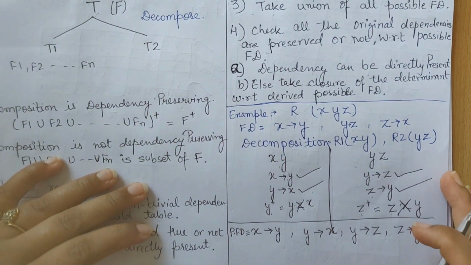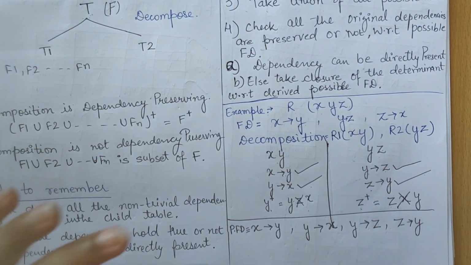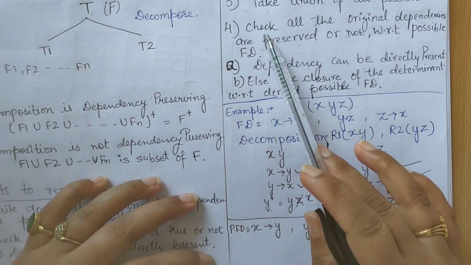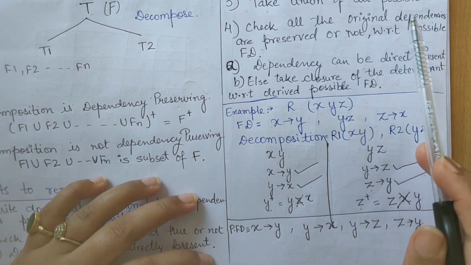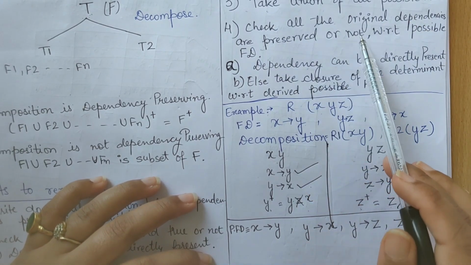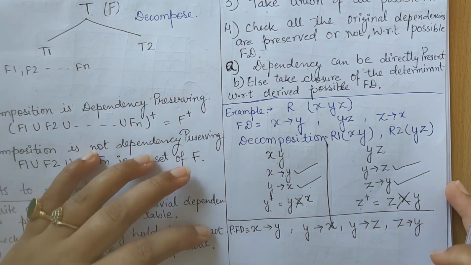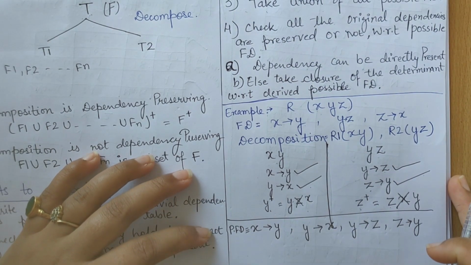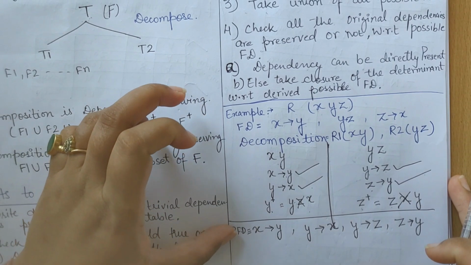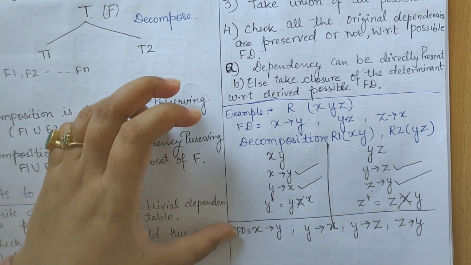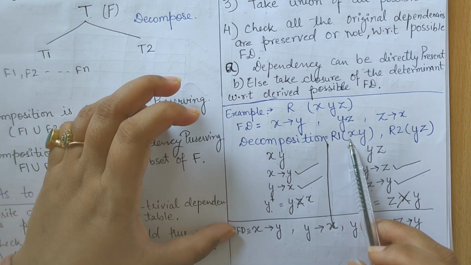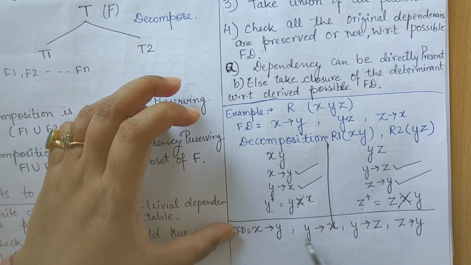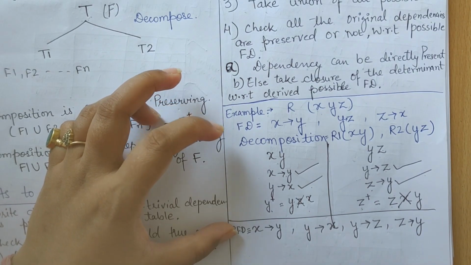Okay. Now, what is the fourth step? Fourth step, check whether all the original dependencies are preserved or not. How to check that? With respect to the possible functional dependencies, we are saying if we are decomposing the table into R1 and R2, these are the possible functional dependencies we have.